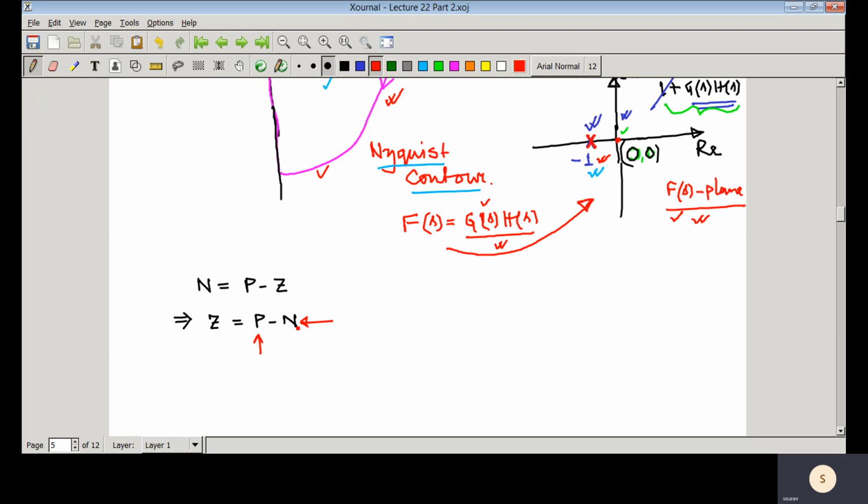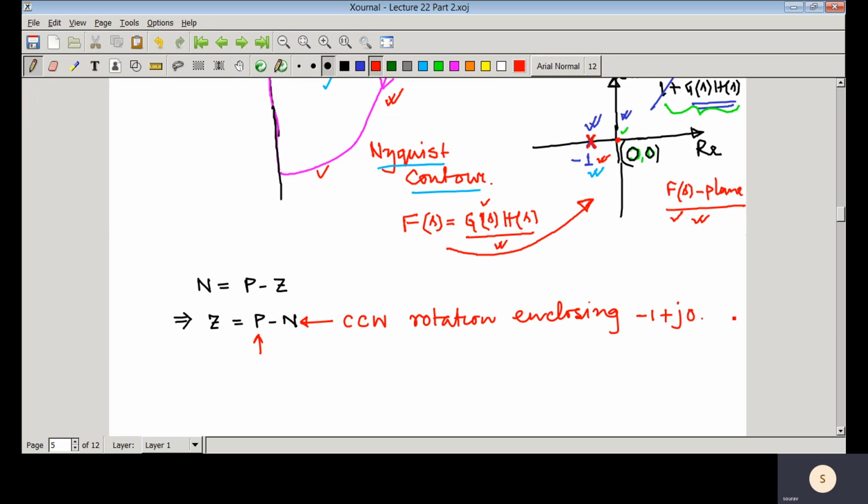So what is N? N is the counterclockwise rotation enclosing the -1 + j0 point.